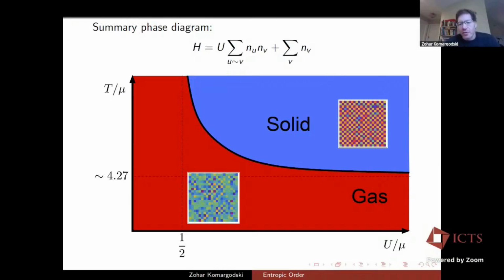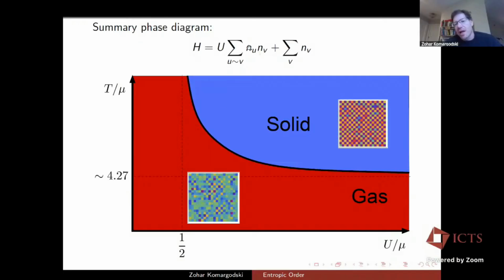Now, to Spenta's question, if I were to limit the allowed integers up to some capital N, this would be capped. So the solid would exist up to temperatures of order capital N, and then it would go back to the gas. If this model is ever realized experimentally, this little n will be capped, of course, but it still leads to a new mechanism for very high temperature transitions.